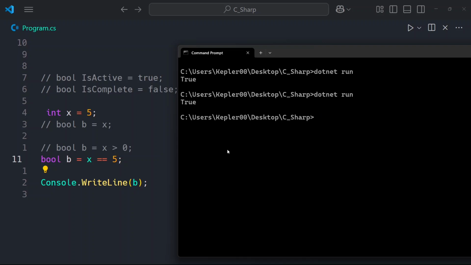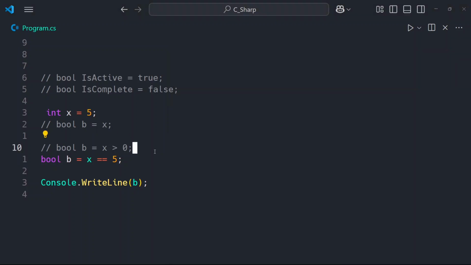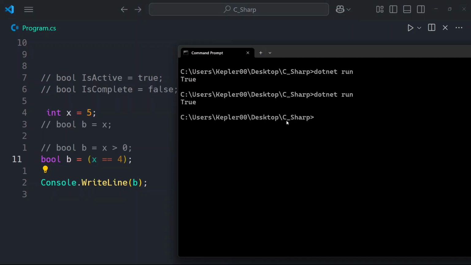If I say b equals x equals 4, for example, and I say dotnet run, it is going to say false, but this is still a valid expression.